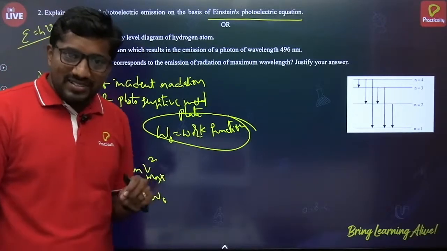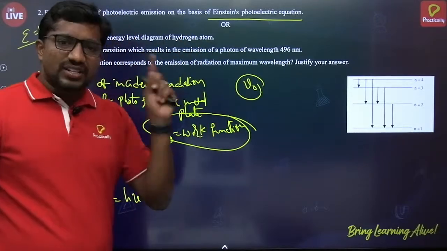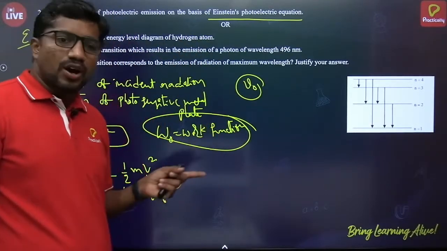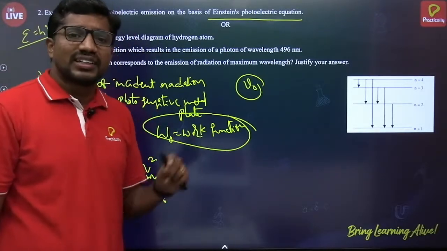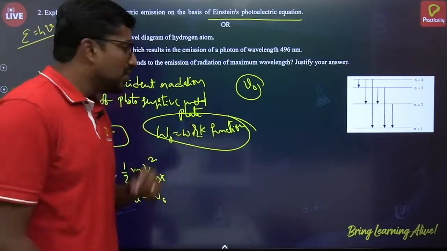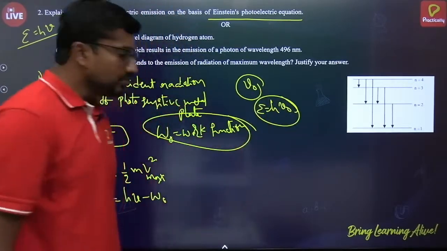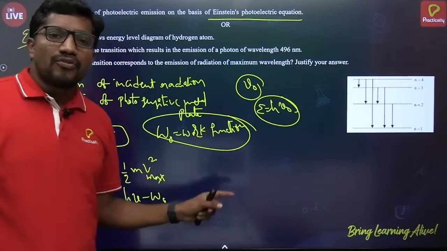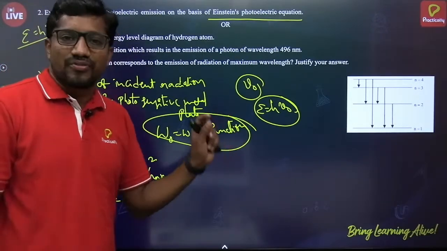So if I say nu naught is the threshold frequency of such a photon, then the amount of energy utilized by it will be E equals h nu naught. Okay, this amount of energy will be utilized only to make electrons free.